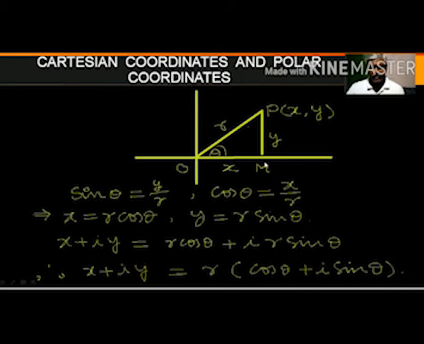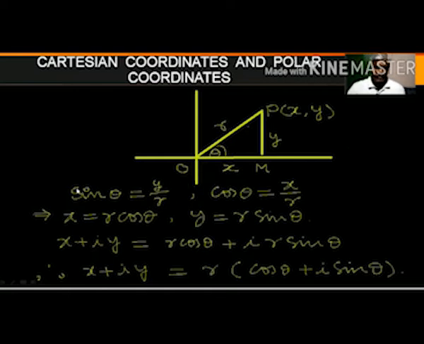So here PM is y and OM is x, and let the hypotenuse OP be r. This is the hypotenuse of the triangle. Let OP make an angle theta with the x-axis.